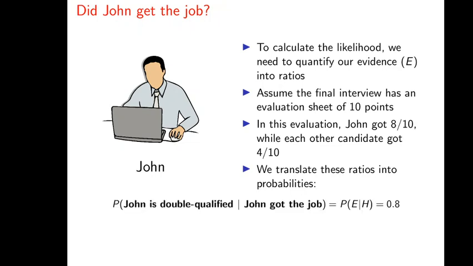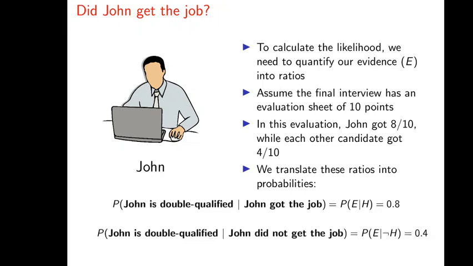We say that the probability that John is double qualified given that John got the job, or probability of the evidence E given the hypothesis H, equals 0.8, and the probability that John is double qualified given that John did not get the job. This is just the otherwise round of the first probability.